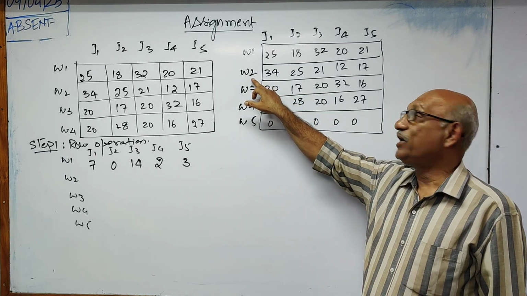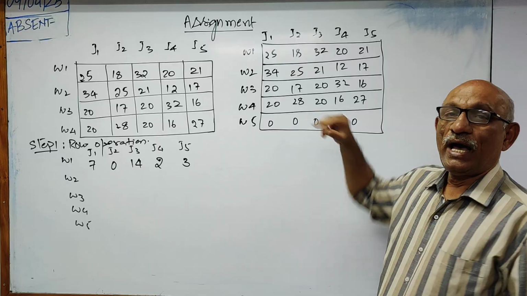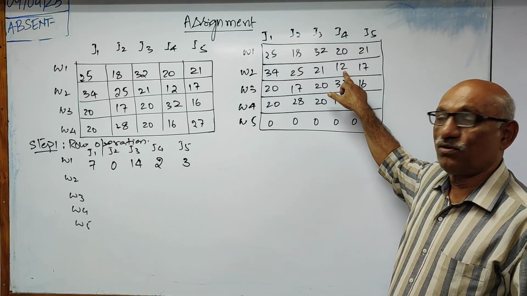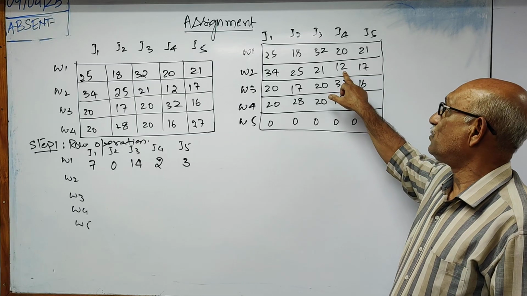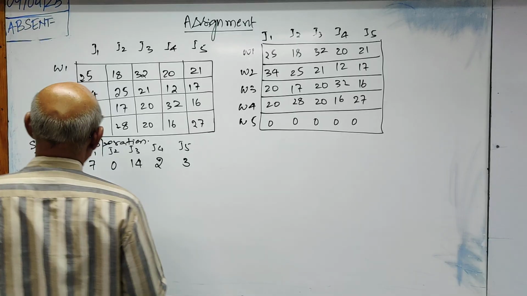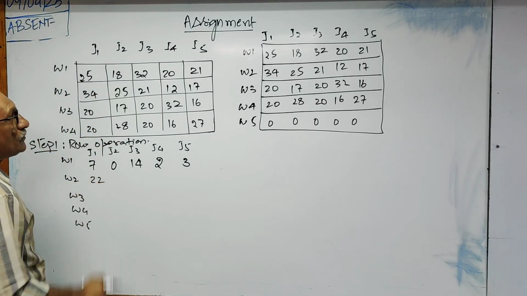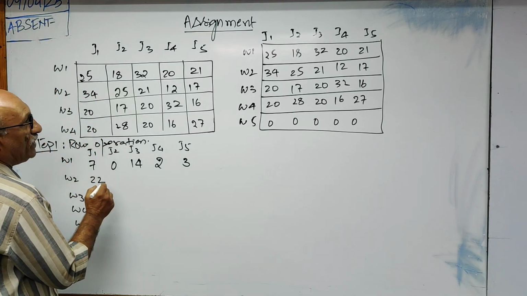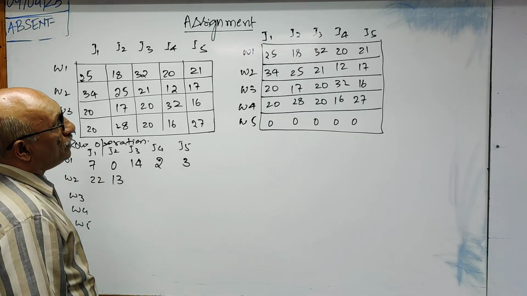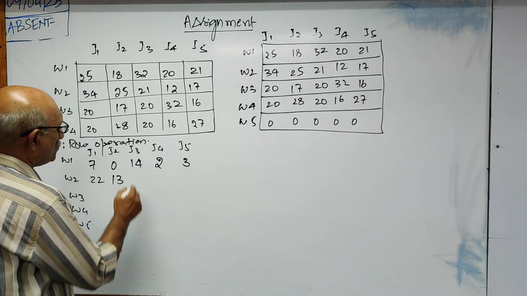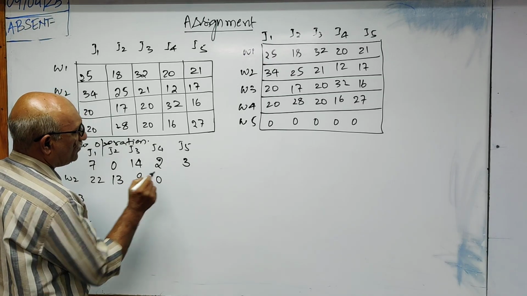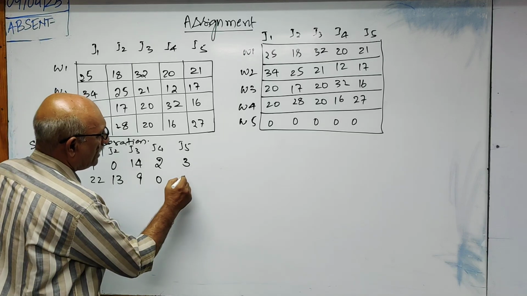Least value in second row is equal to 12. Subtract 12 from each and every element. 34 minus 12 is 22. 25 minus 12, 13. 21 minus 12 is 9. 12 minus 12 is 0. 17 minus 12 is 5.